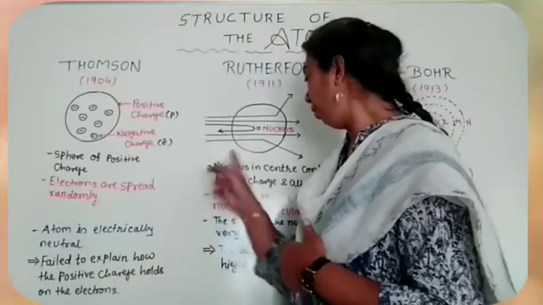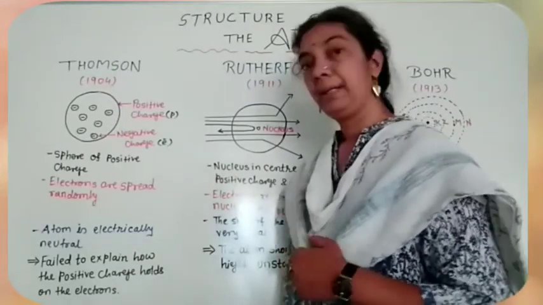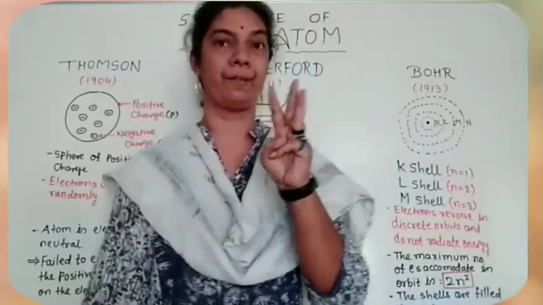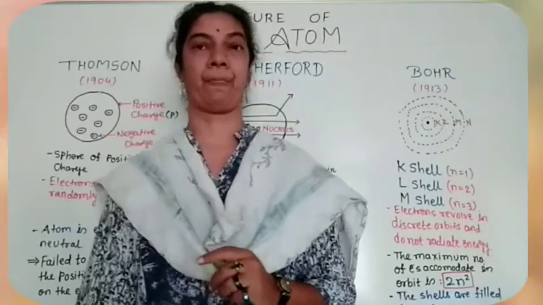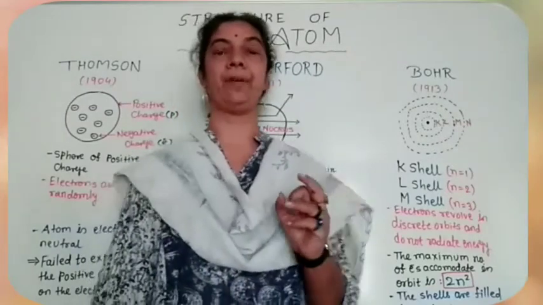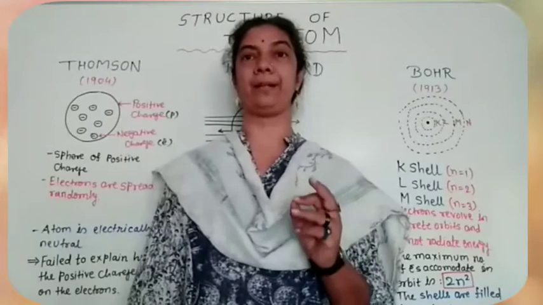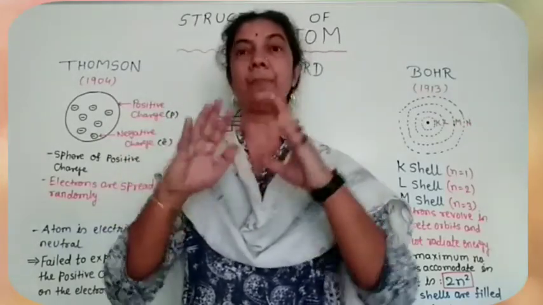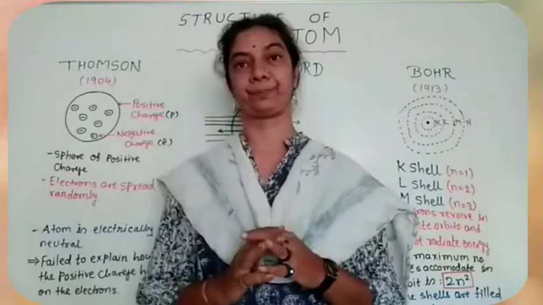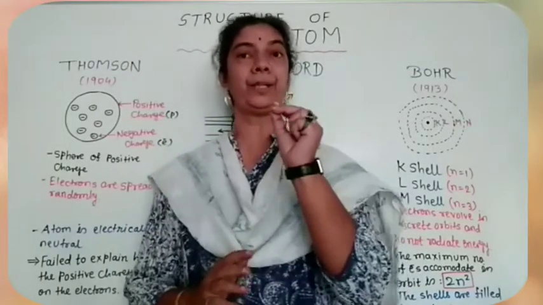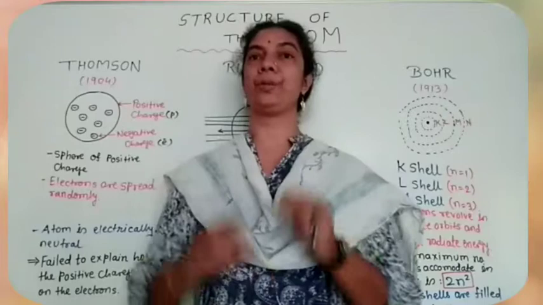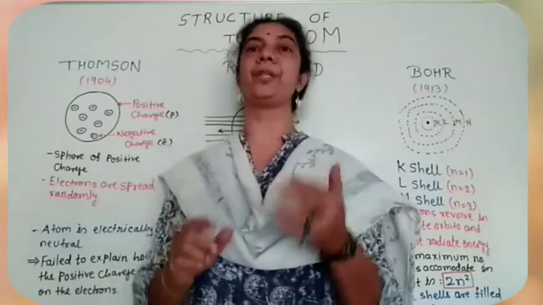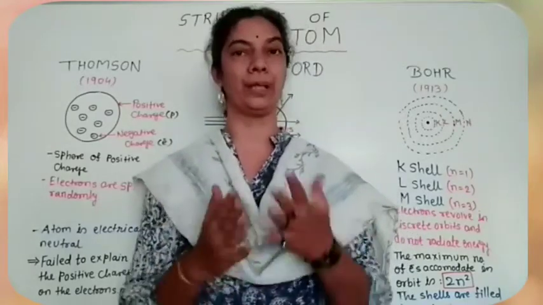So from all this, three important observations. Rutherford gave the structure of the atom like this: the atom is a sphere but it is hollow. The positively charged protons are at the center, which is named the nucleus.